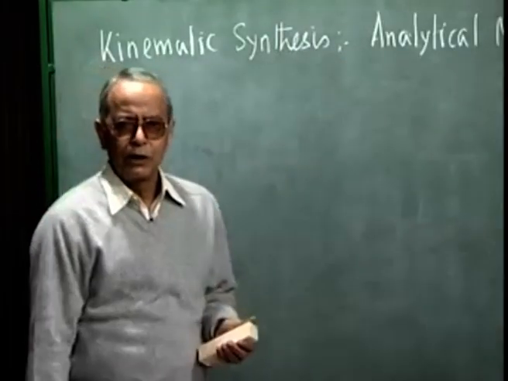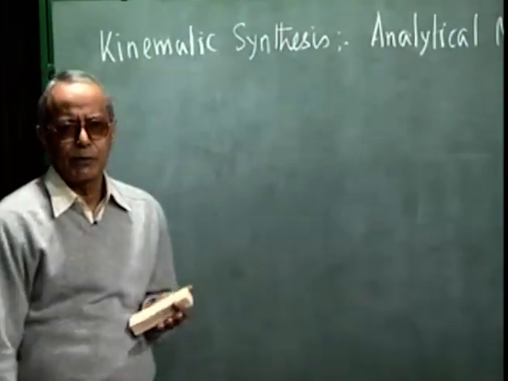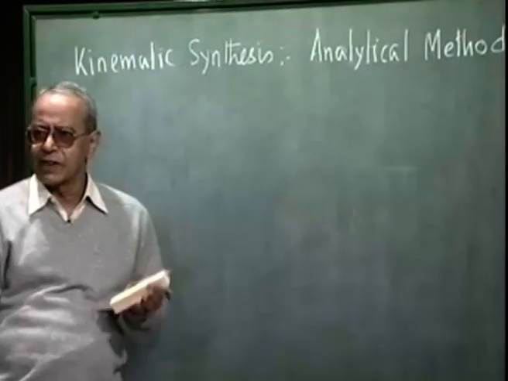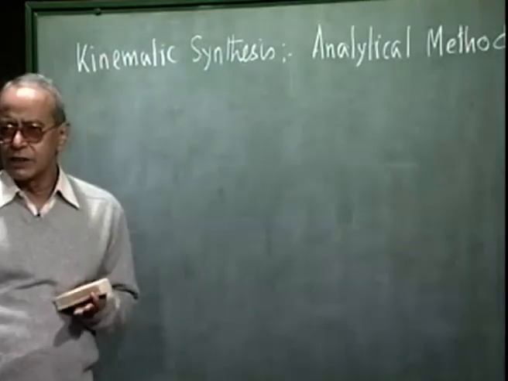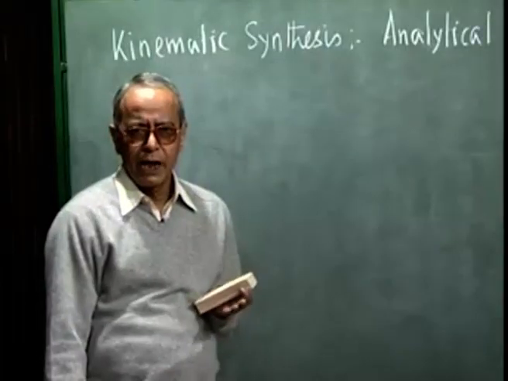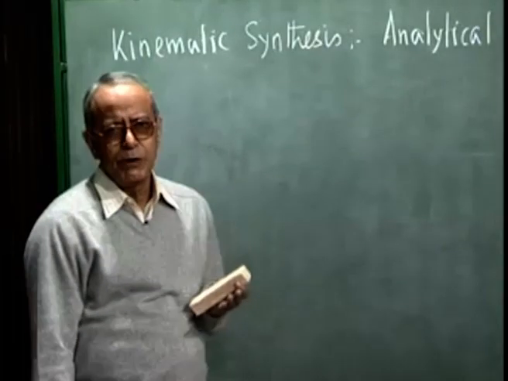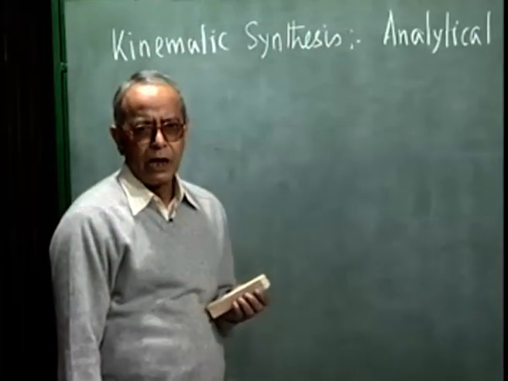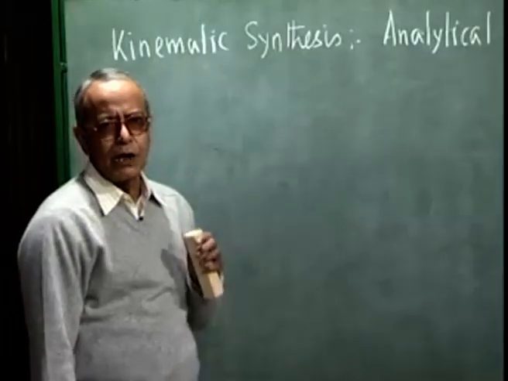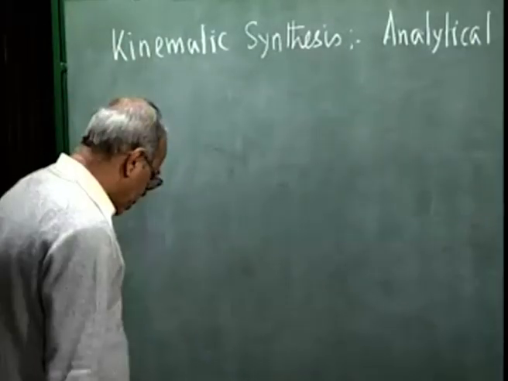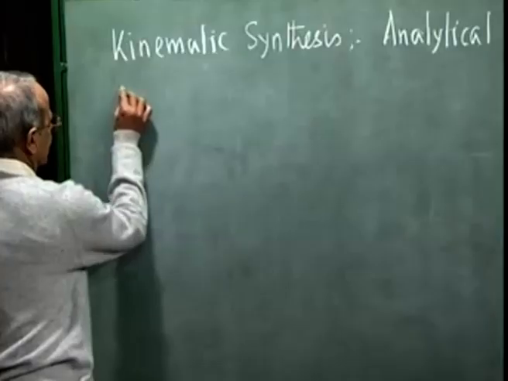If we recall, we discussed 4 different types of problems when we had graphical methods, namely motion generation, function generation, path generation and generation of prescribed dead center configurations. However, when we discuss analytical method, we shall restrict ourselves only to one type of problem, namely function generation.